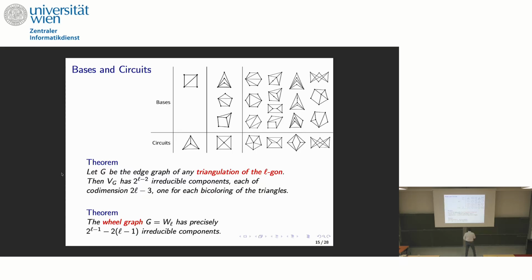Now, the wheel graph is also interesting. The wheel graph is always a circuit, and it has almost the same: 2 to the L minus 1 minus 2 times L minus 1 irreducible components. So from rigidity theory and from the theorem that writes our variety V_G as pairs of points with the same image under the distance measure map, we get a lot of mileage.